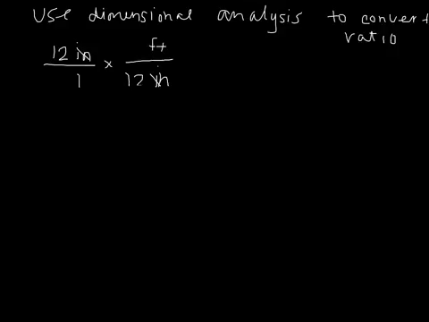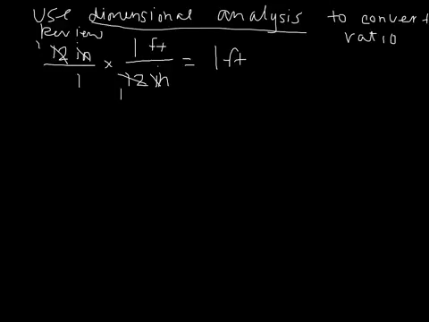I know there are 12 inches in 1 foot. Okay, so if I'm multiplying these two, then I would just cross this out and make it a 1. So 1 foot equals 12 inches. Okay, so that's dimensional analysis. This is a little review here. Now we have to take it to the next level, using it to convert ratios.